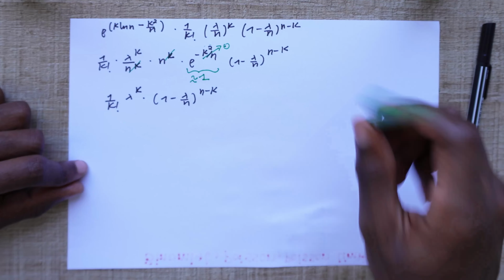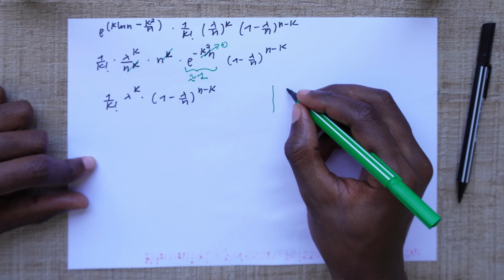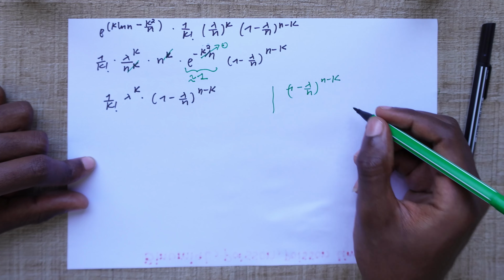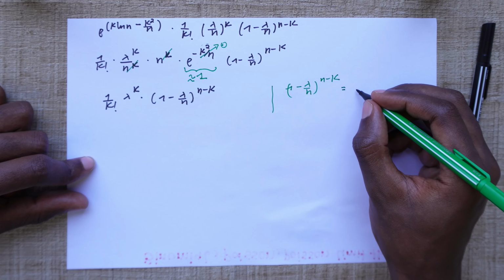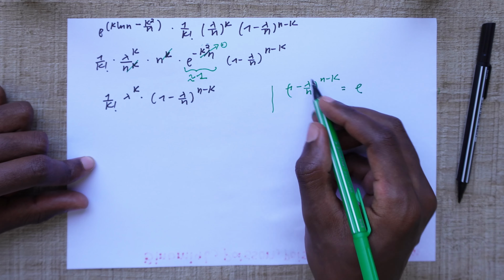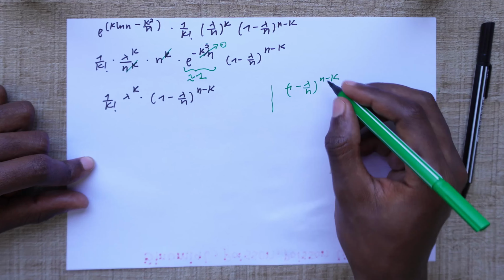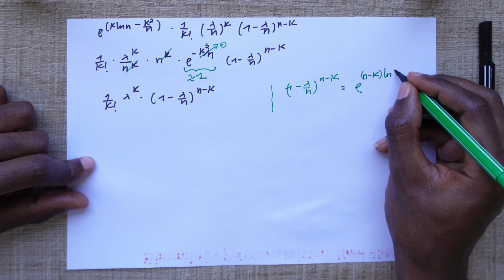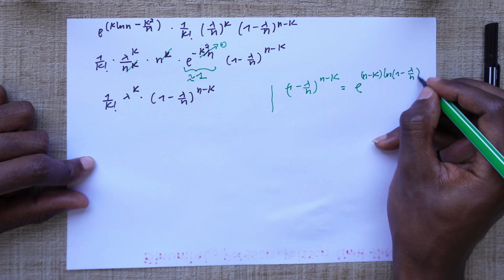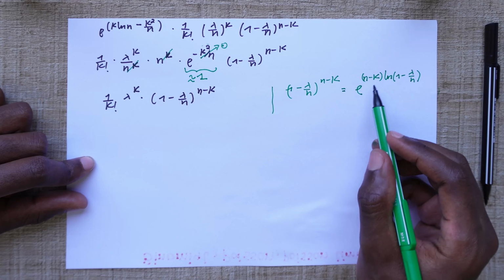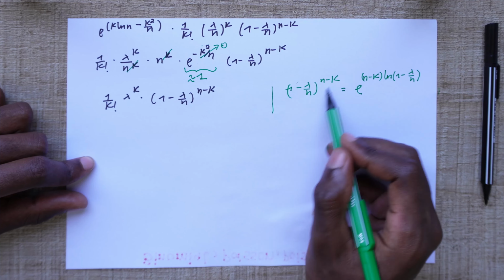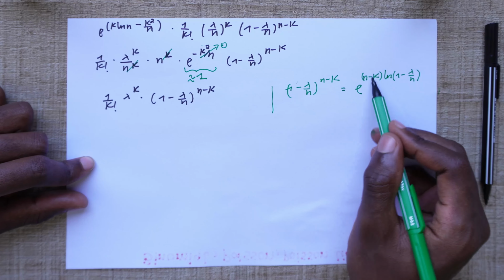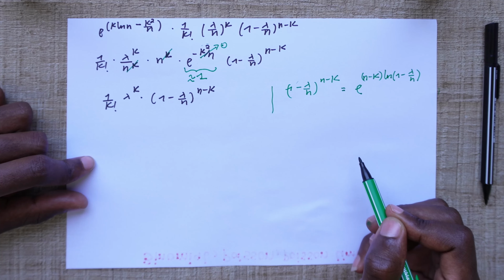Okay, let me just do that on the side. 1 minus lambda over n to the power n minus k can be written as exponential, okay, and then logarithm of all of these, so n minus k times natural log of 1 minus lambda over n. Hope you can see that. So it's exponential to the power log of all of this expression, and then I can bring this to the front. So that's just the law of logarithm.